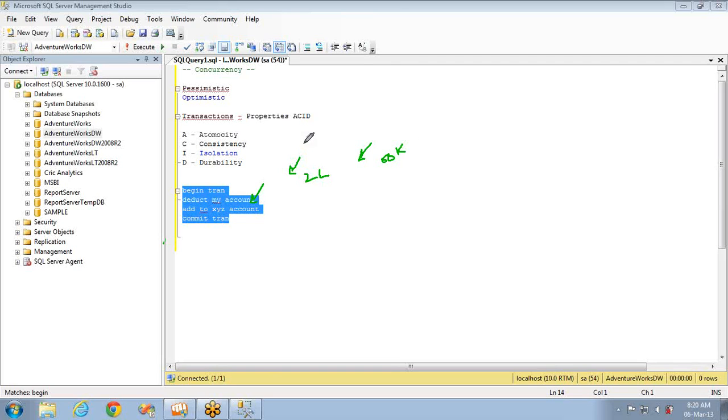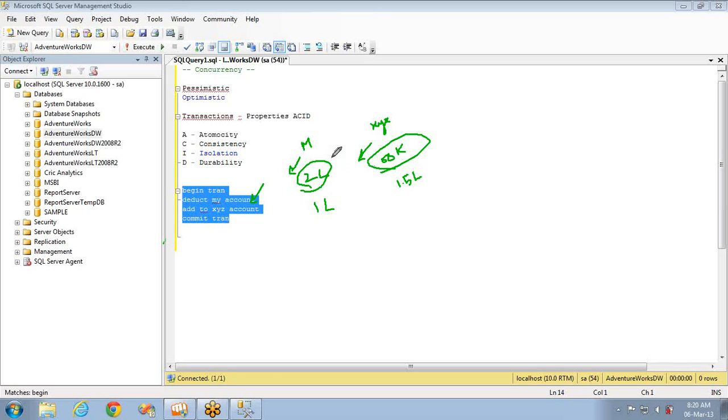This is my account and this is XYZ's account. Once I transfer the amount and if it is successful, then this guy will become 1 lakh and this guy should become 1.5 lakh. So this is called consistency.